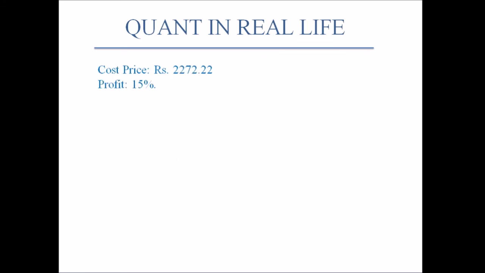Now we have the cost price of the watch, which is rupees 2272.22, and Kavya is saying to make a profit of 15% on this watch. So now we will use the formula selling price is equal to cost price into 1 plus profit percent, and directly substitute the values into it.